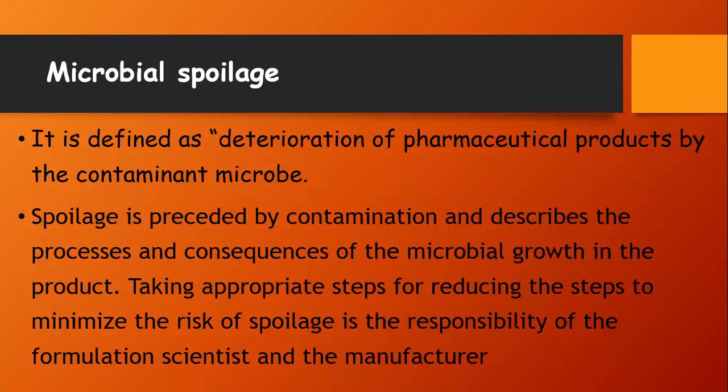When they contaminate such products, the product may even be consumed along with them and nothing will happen. So minimizing these risks of spoilage is the sole responsibility of the scientist in charge or the manufacturer in charge. They are to take responsibility in ensuring there is a limited number of organisms contaminating the product.